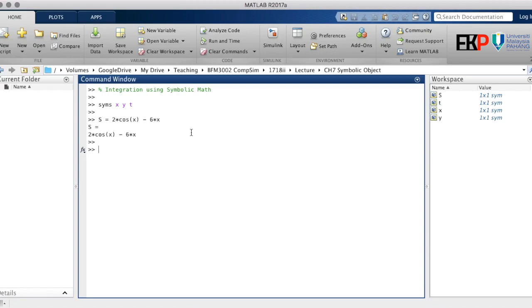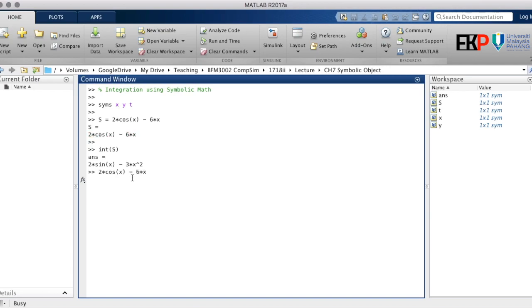If we want to integrate the expression s, we can simply use the command int in brackets s, and we will get the integration of this term. So 2 cos x minus 6x integrated becomes 2 sin x minus 3x squared.